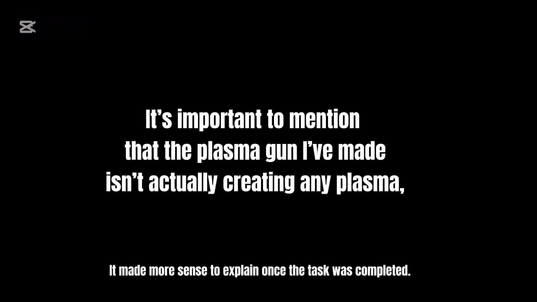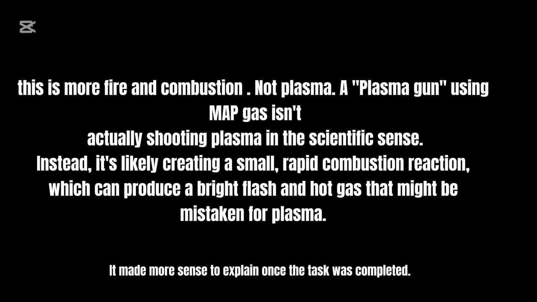It's important to mention that the plasma gun I've made isn't actually creating any plasma. This is more fire and combustion, not plasma. A plasma gun using MAP gas isn't actually shooting plasma in the scientific sense. Instead, it's likely creating a small, rapid combustion reaction, which can produce a bright flash and hot gas that might be mistaken for plasma.